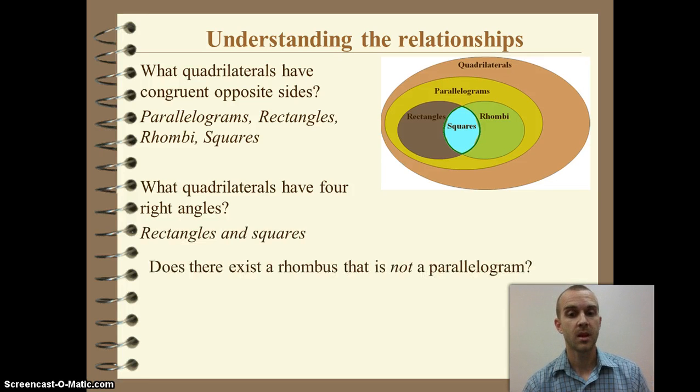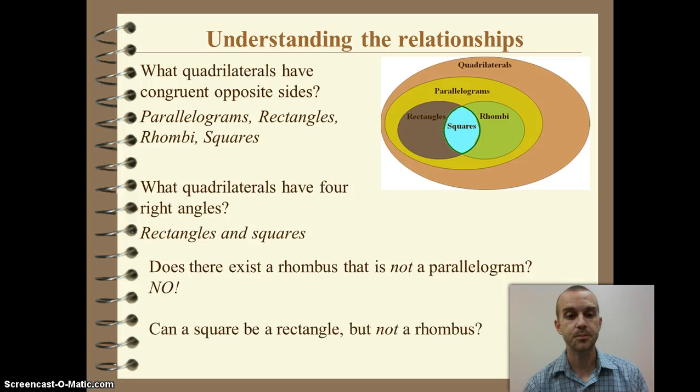well. Does there exist a rhombus that is not a parallelogram? Well, if I look at my Venn diagram, I can see here's my oval with the rhombi. They are all within my parallelogram. So it's not possible to make a rhombus that's not a parallelogram, because by definition, all rhombi are specialized parallelograms with all sides congruent.